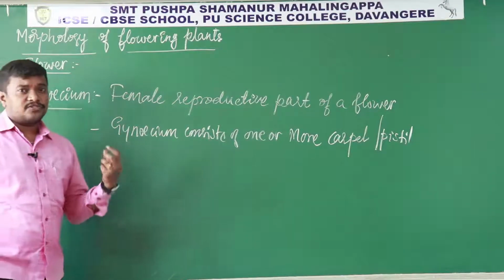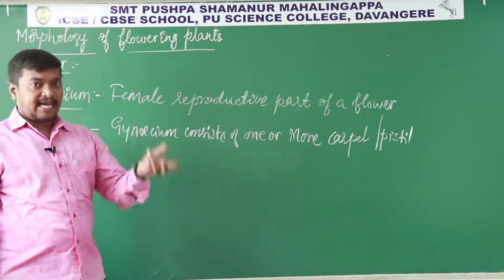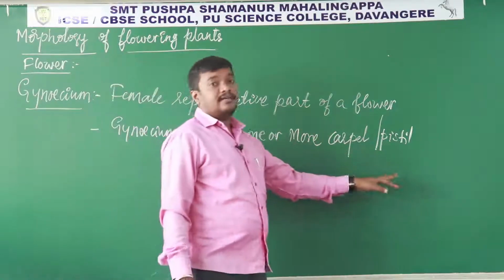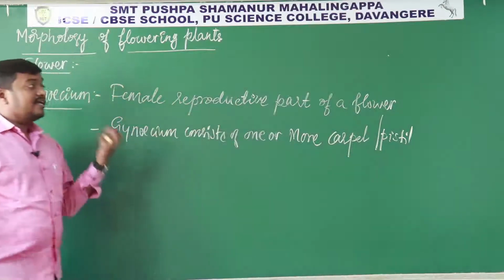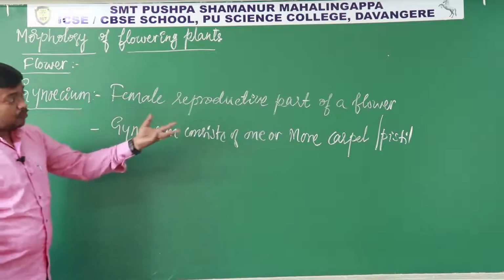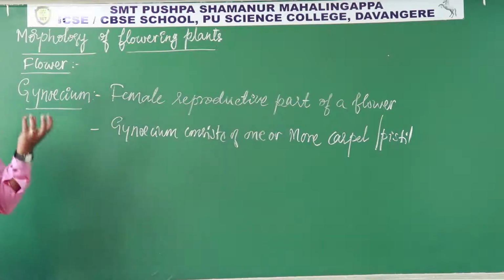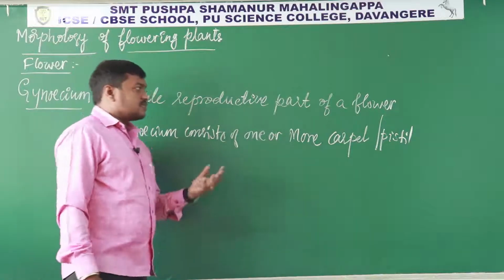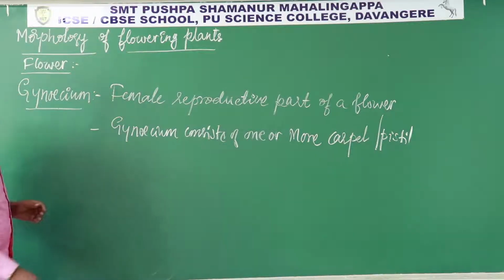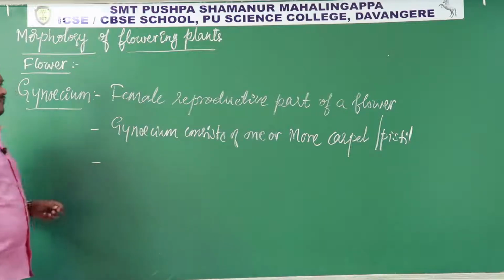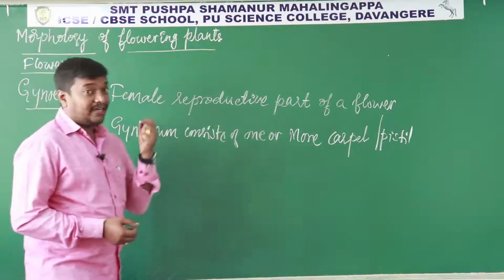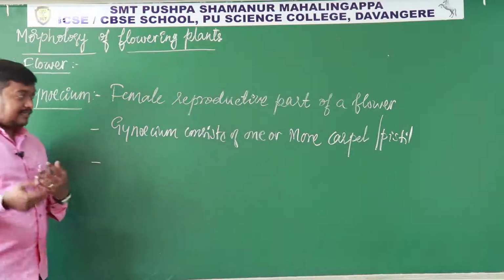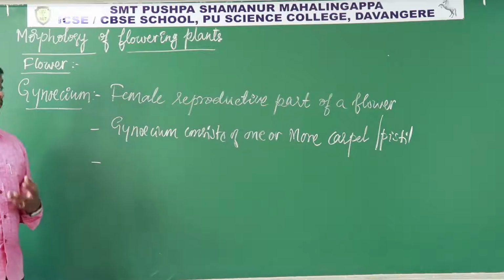A single flower which produces only stamens is called staminate, and a flower which produces only pistils is called pistillate. If both a pistil and a stamen are present in a single flower, it is called a bisexual flower. A flower may contain only one carpel, two carpels, three carpels, or many carpels.